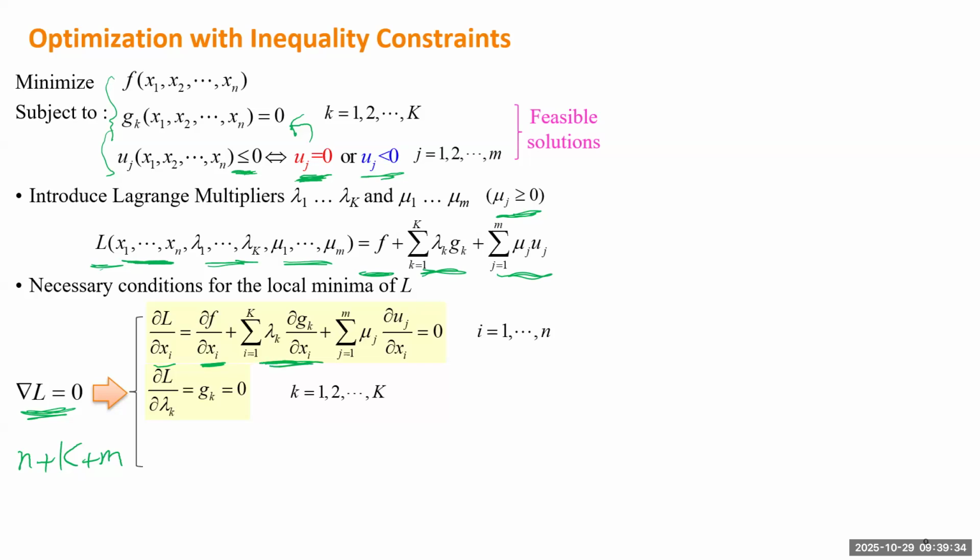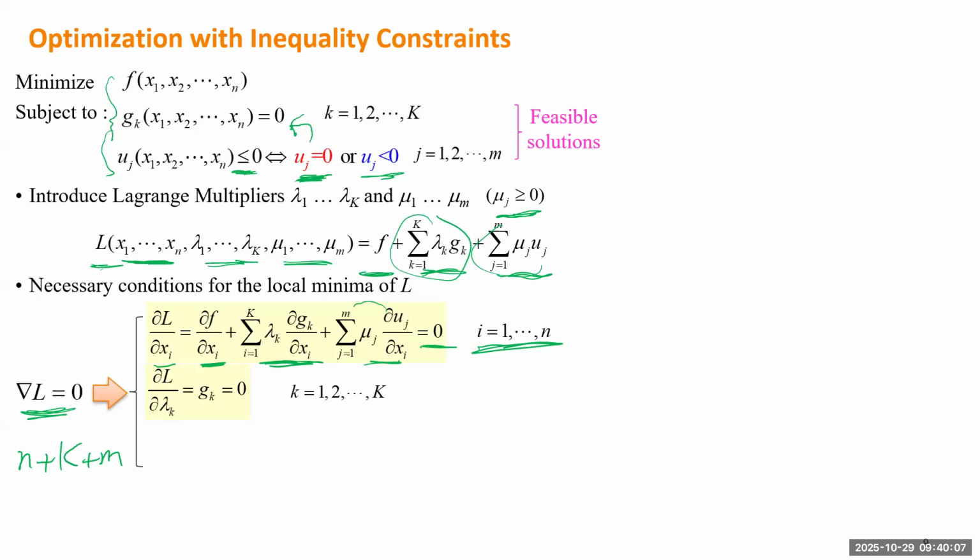The second type of element will be this part, where we calculate the partial derivative with respect to each x. And this third item will be this part. Here we assume G and U can change with x, so that's why the partial derivative will have elements there. And we hope they're all zero. So this gives you n equations because we have n such elements.